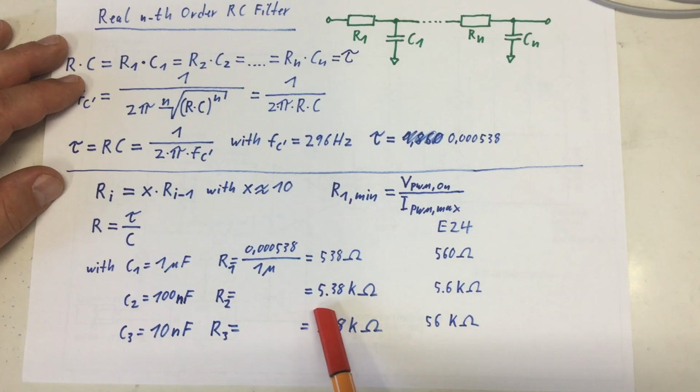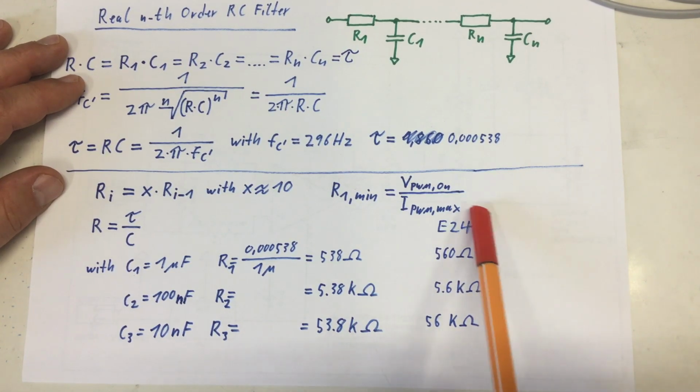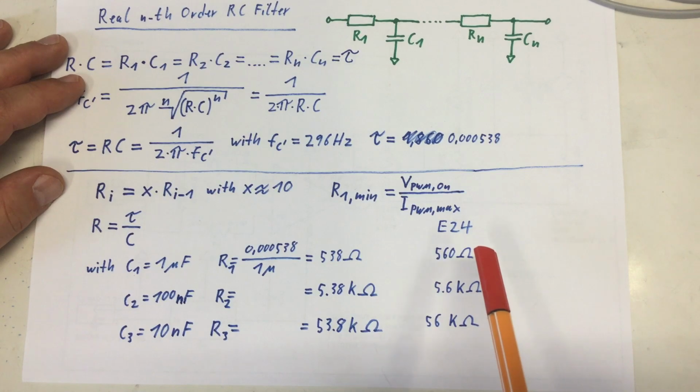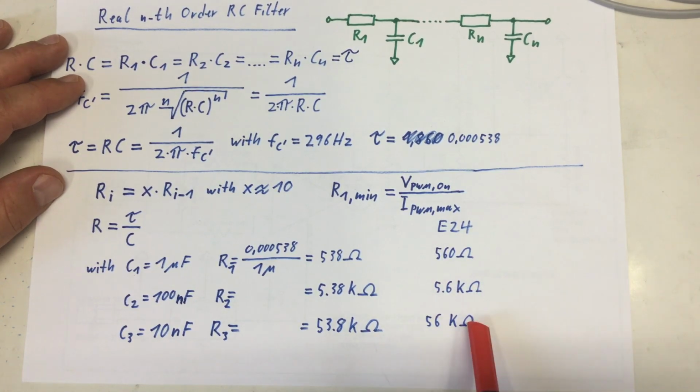So R2 is 5.38 kilo ohms and R3 53.8 kilo ohms. Yeah, these values do not exist, or they are very expensive to come by. So I choose the nearest values from the E24 series, and that would be 560 ohms, 5.6 kilo ohms, and 56 kilo ohms.